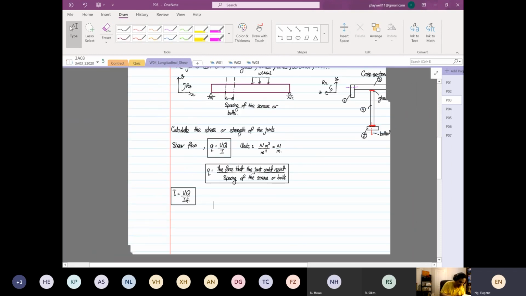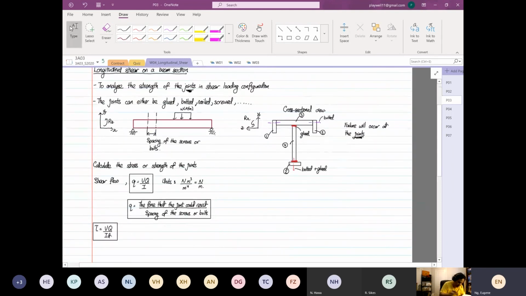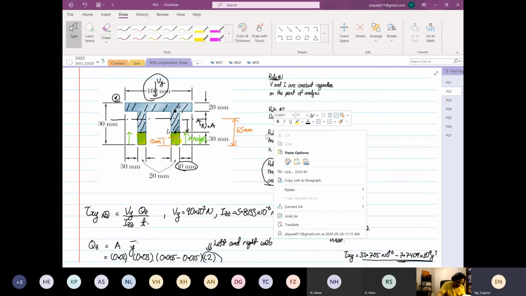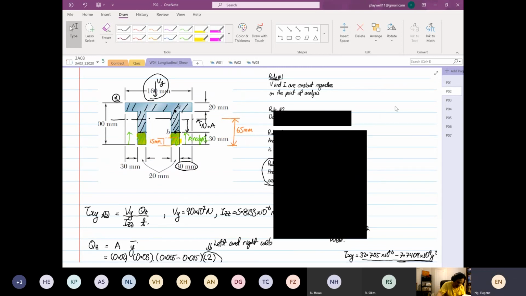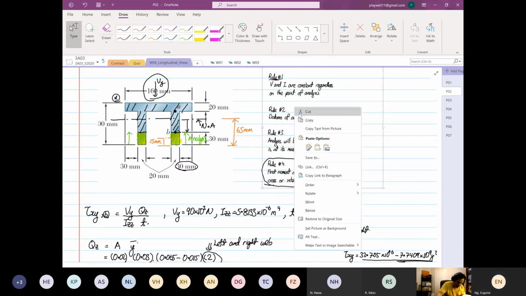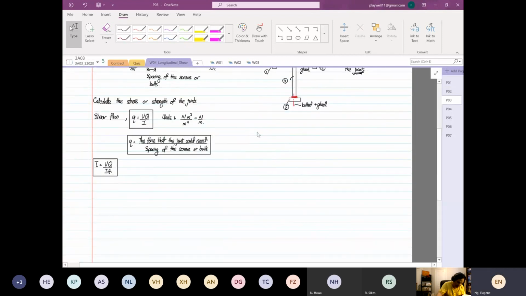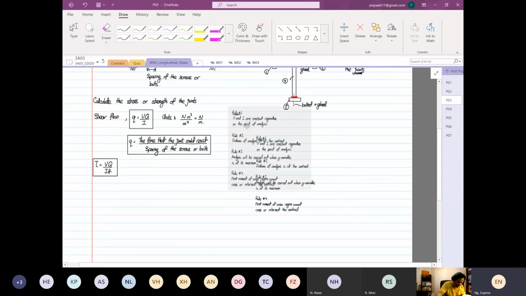And together you have these three formulas, and then I'm going to copy and paste over here. And we are also going to apply the same four rules.